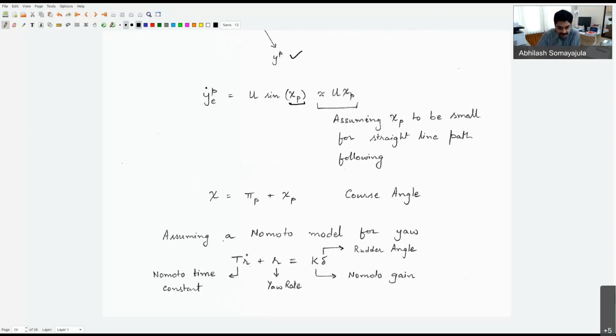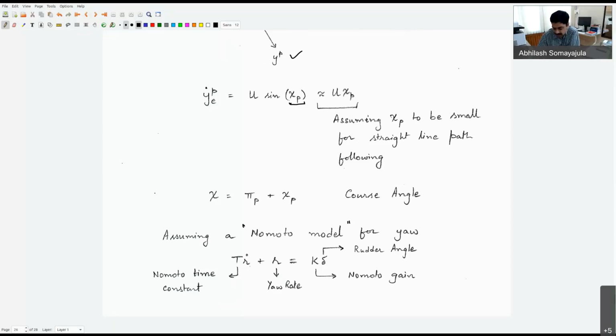Okay, all right. Now, let's say that we assume a so-called Nomoto model for our yaw dynamics. I know that we did not really cover this Nomoto model in our course, but most of you have seen this before when you took the maneuvering course, that we can approximate the yaw dynamics by a single degree of freedom system.